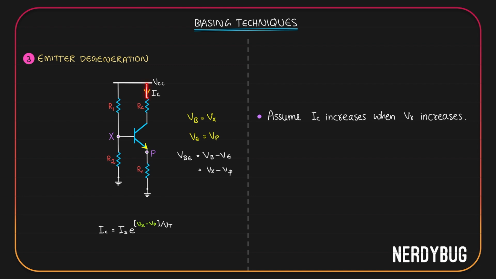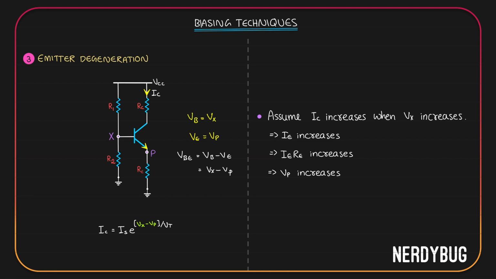Now, when Ic increases, obviously IE is going to increase. IE is the current that flows through RE. The potential across RE will be IE RE. If IE increases, IE RE also increases. But what is IE RE? It is VP. So we can write VP increases.